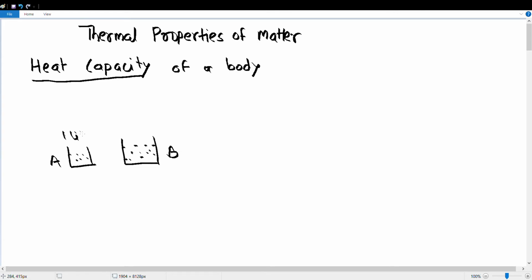Suppose this first pot carries water of 1 liter and this second pot carries water of 3 liters.